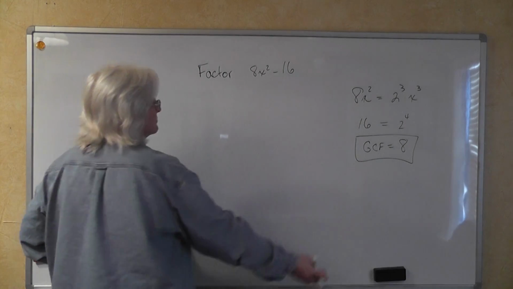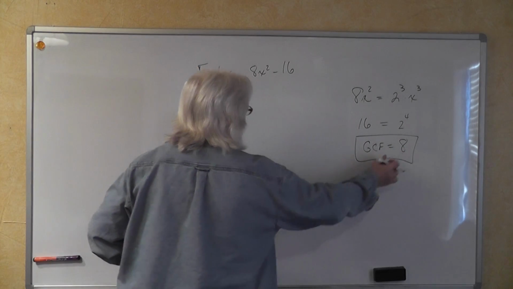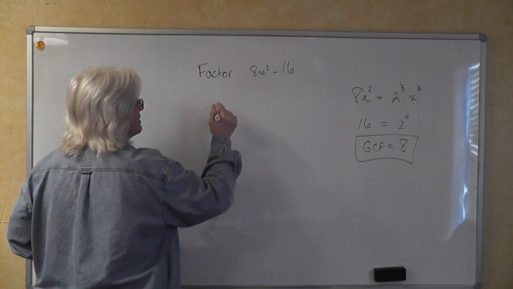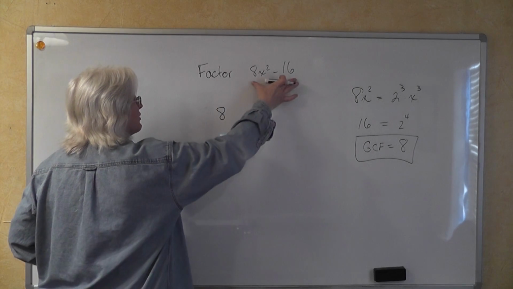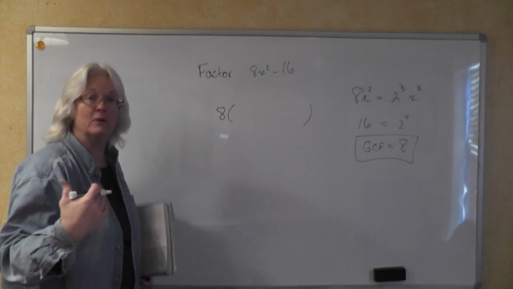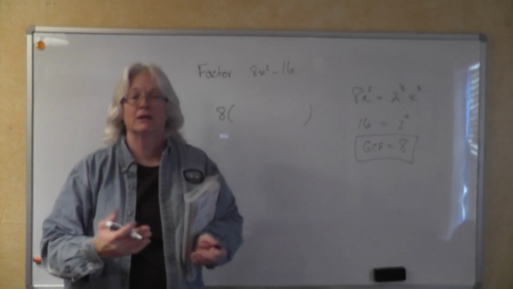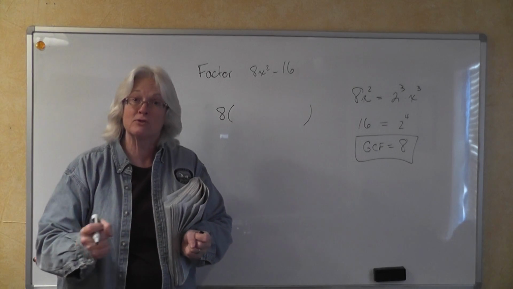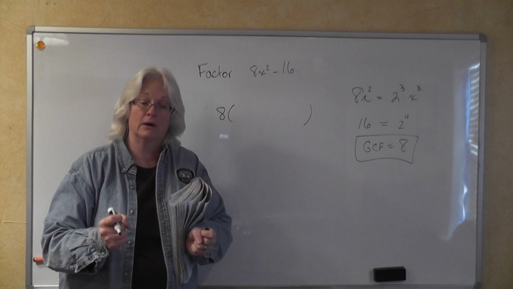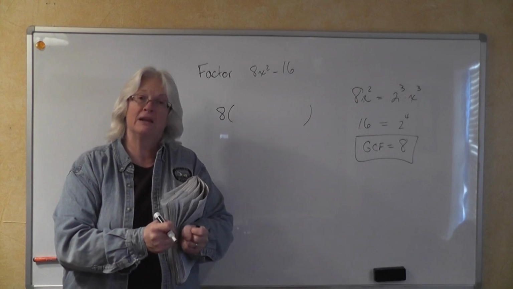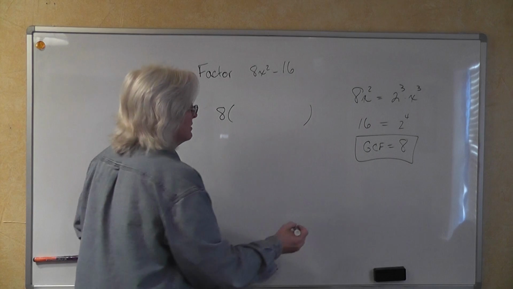Now, what we're going to do is factor out the 8 from our binomial. So how do we factor that out? Now let's remember, what are factors? Factors are the numbers, the quantities rather, that you multiply together to end up with a product.